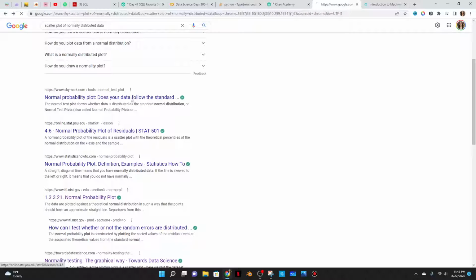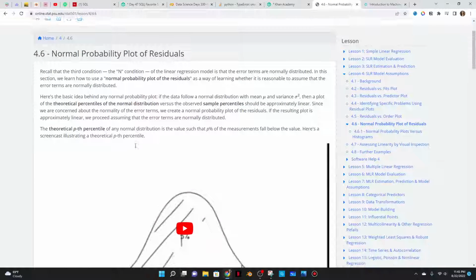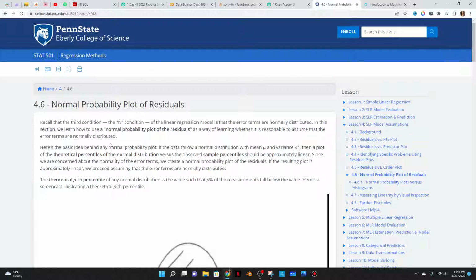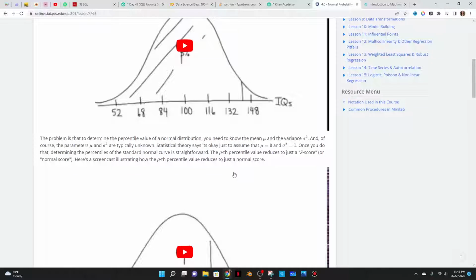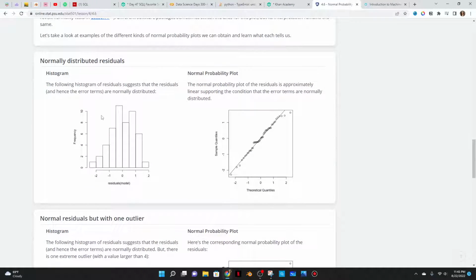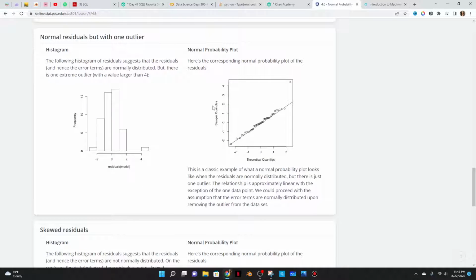No. The normal probability plot of the residuals is approximately linear, supporting the condition that the error terms are normally distributed.